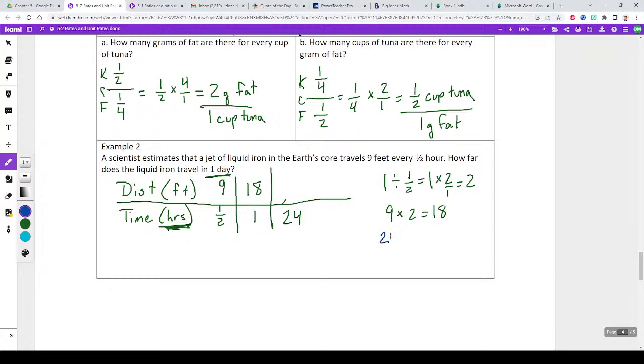So I'm going to go back to just using my method. 24 divided by 1 is 24. And then we do 18 times 24. And 18 times 24, I do believe, is 432. Don't be impressed. I just did this problem earlier. Yes, it's still 432. Nice thing about math is that these numbers don't change. So 432 feet in 1 day.